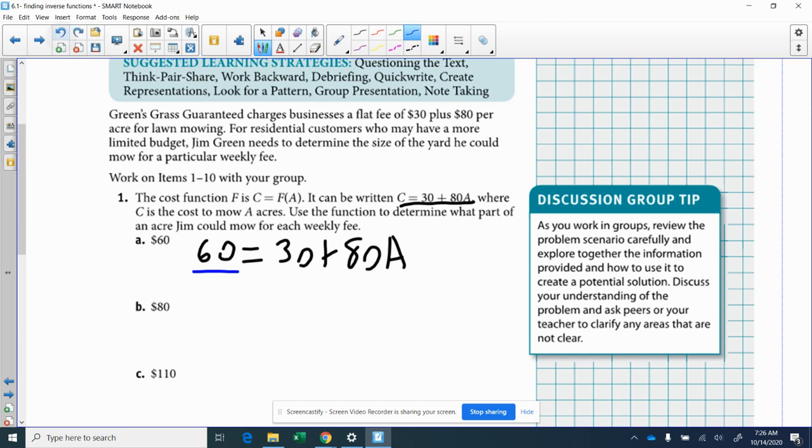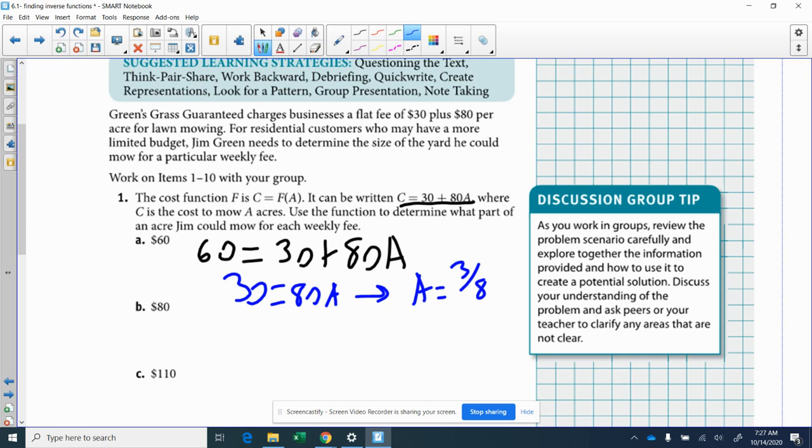It's kind of working backwards, where I know the answer, but I want to know what value I can plug in, my independent variable. If we work this out, we subtract the 30, this becomes 30 equals 80A, and then that turns into A equals 3/8 of an acre.